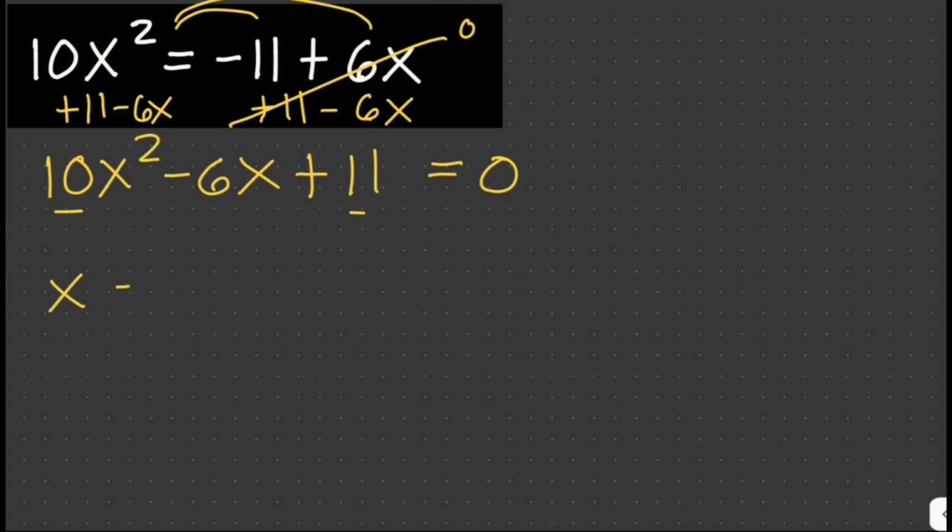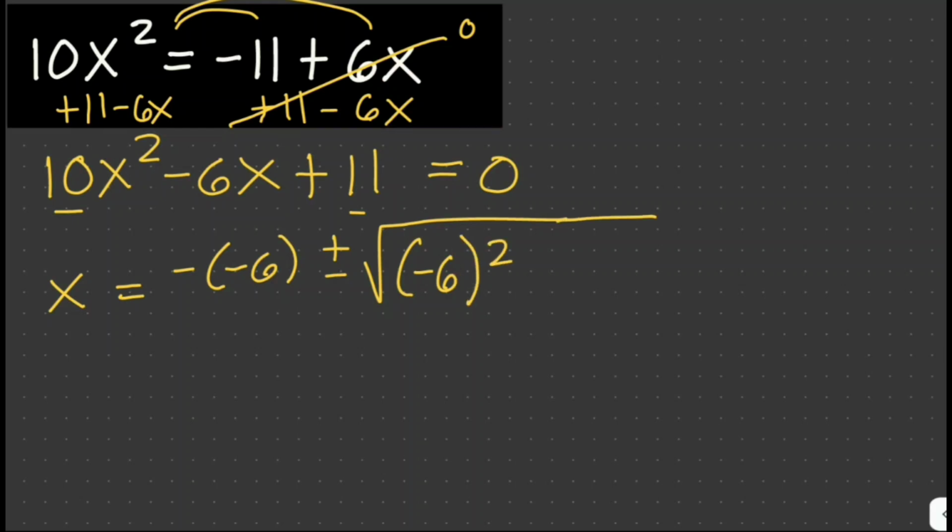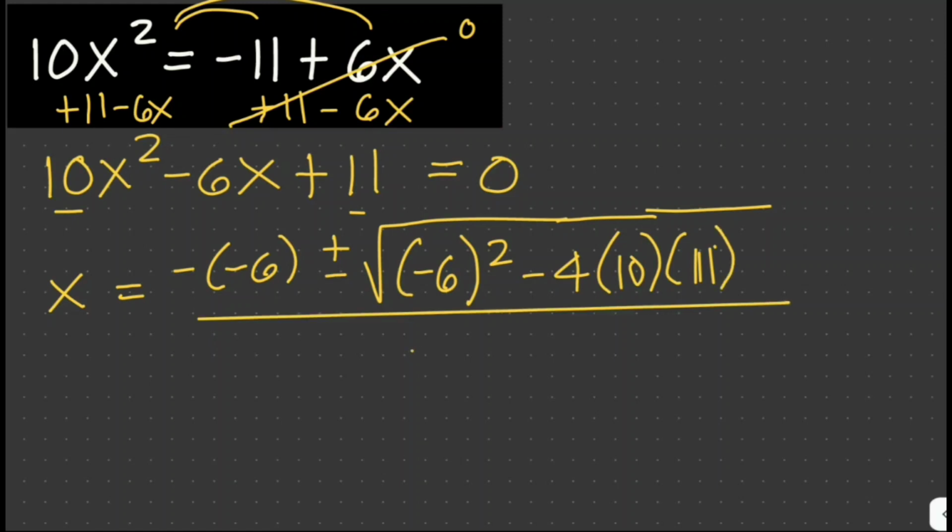So let's do that. So this is the negative of negative 6 plus minus the square root of negative 6 squared minus 4 times 10 times 11, over 2 times 10. Gosh, what happened to my pen?